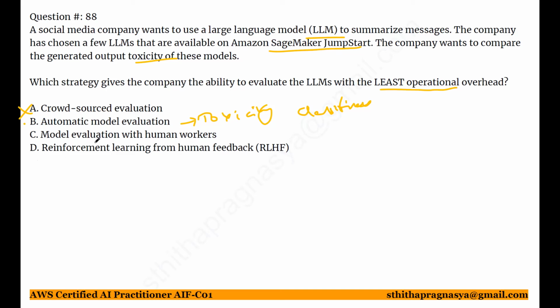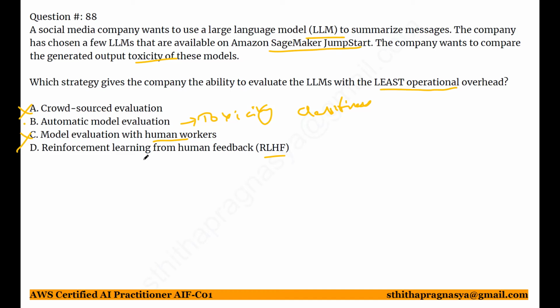Option C involves hiring a team of human evaluators to review and classify the generated output for toxicity. While this approach ensures accuracy, it requires significant manual effort, coordination, and time, leading to higher operational overhead. So eliminate this one as well. And option D, RLHF, is a sophisticated technique used to fine-tune LLMs based on human feedback.